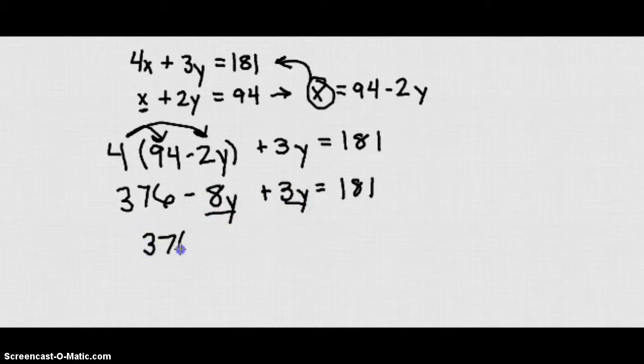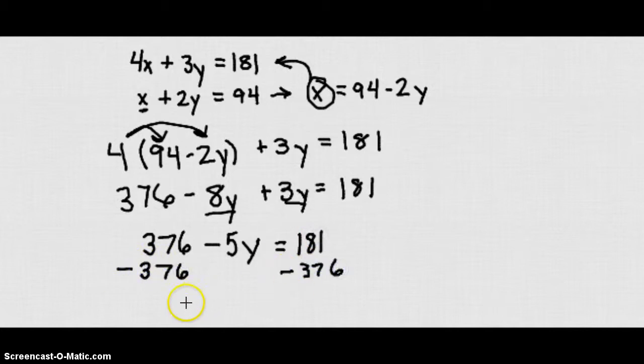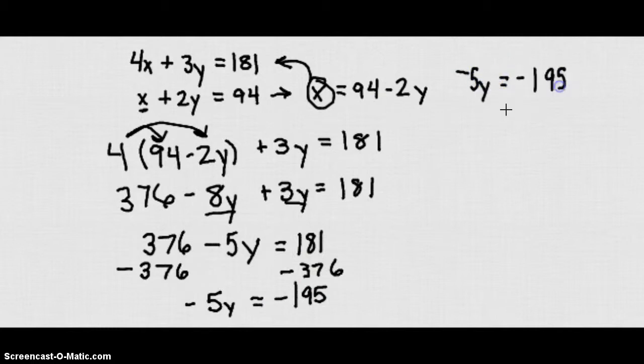So we have 376 minus 5y equals 181. Then let's subtract 376 from both sides. We get -5y equals -195. Let's divide both sides by -5. We end up with y equals 39.